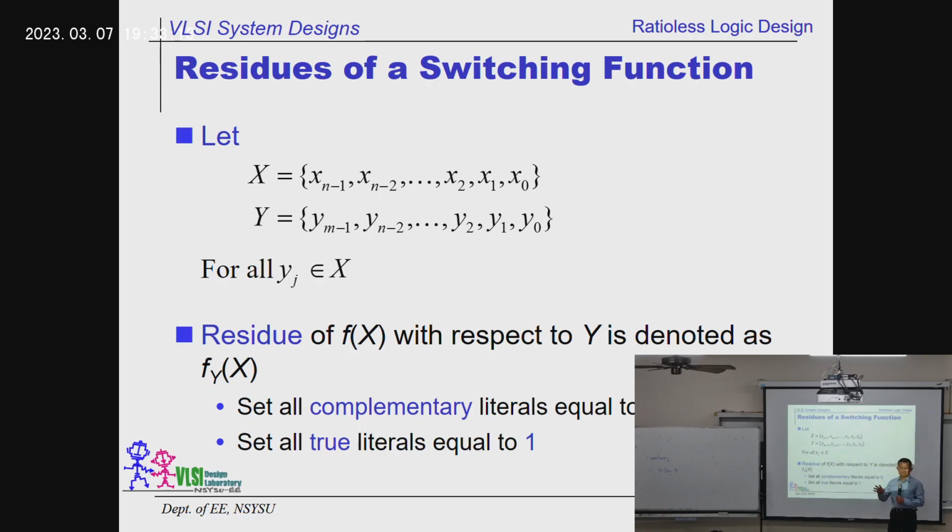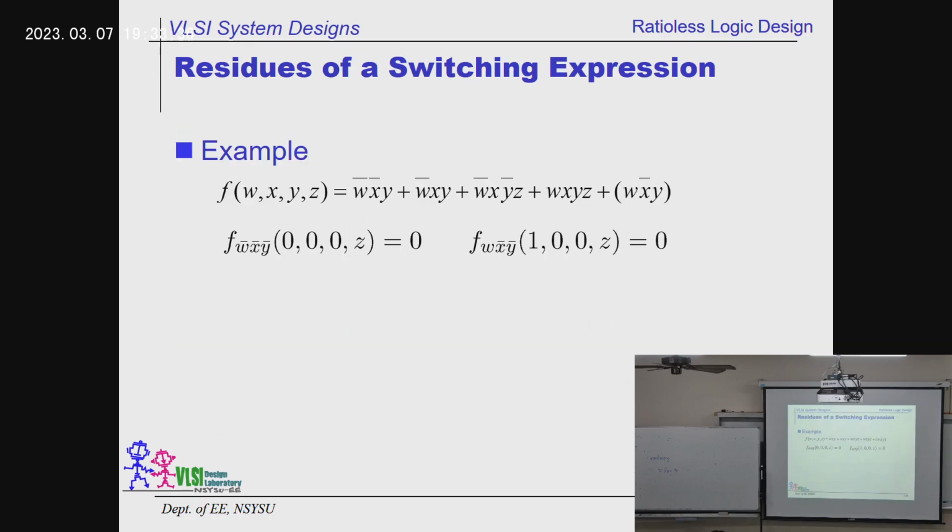I don't want to tease you with all the mathematical symbols. Don't panic. We set all complementary literals equal to 0, and we set all true literals equal to 1. That's how we do it. The best way to describe a series is to use examples. So this is how it works.